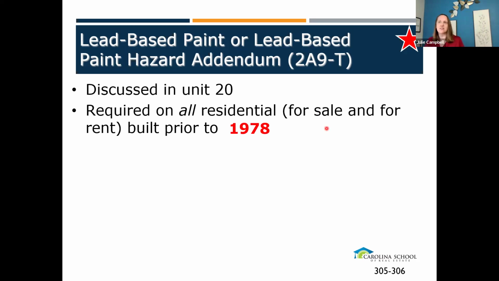Buyers and tenants should be encouraged to learn about the dangers of exposure of lead in the home. And in Unit 20, we talked about that EPA booklet, know about the lead in your home, something like that. So anything built prior to 78, we got an addendum for that.